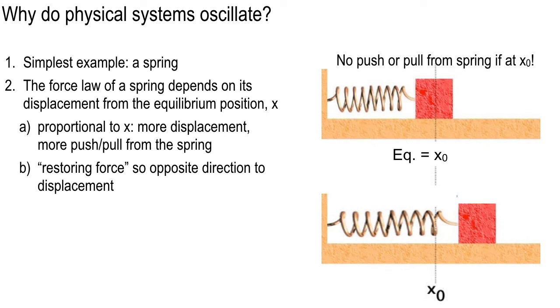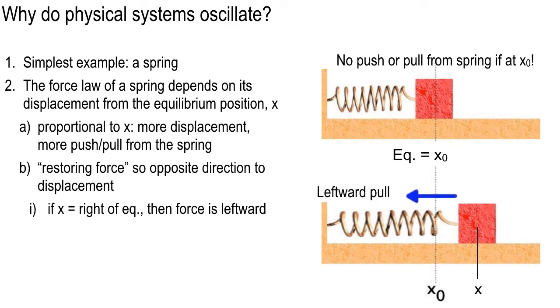If you go to the right of equilibrium, and that's the second diagram down here, so right now the position x is greater than x0, the force is leftward. The spring is going to pull back on that mass to the left, back towards equilibrium.